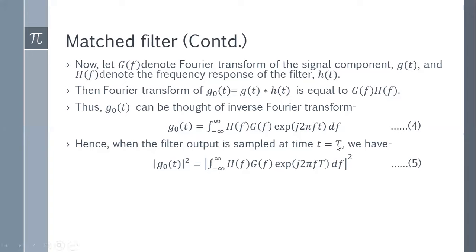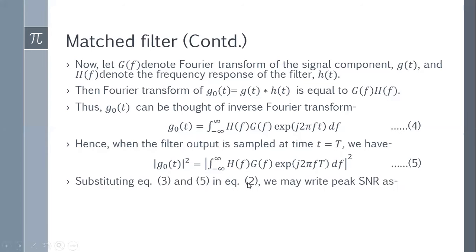So I am simply replacing this t with capital T, which indicates that I am getting sampled pulses, and I am taking the power of each signal. So I am getting the power of the samples in the output at every time instant T. Clear? Okay, now I have the signal power, and I have already calculated the noise power.